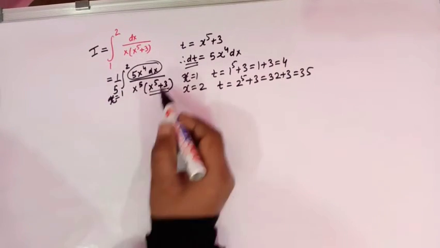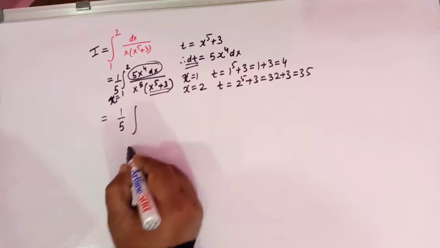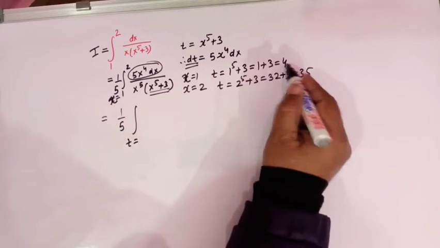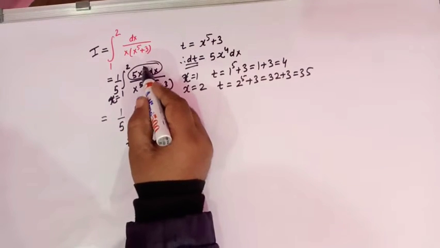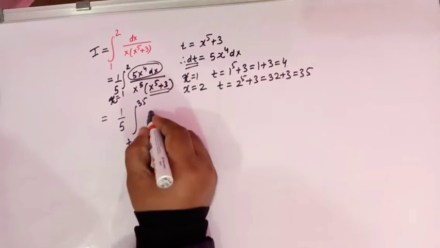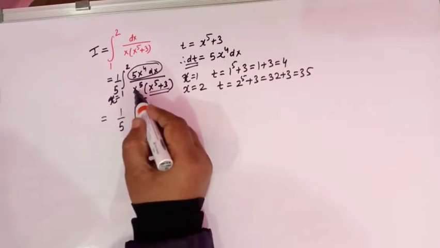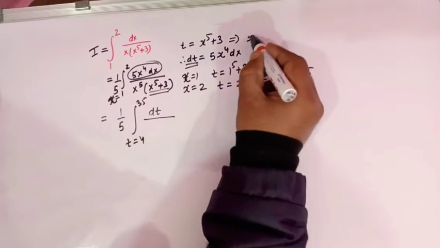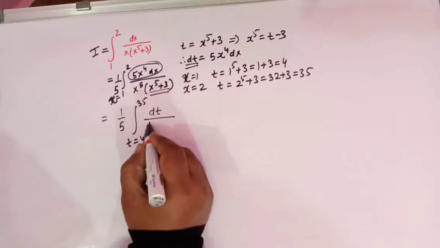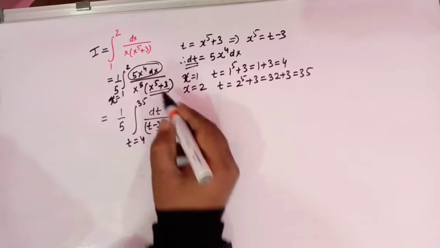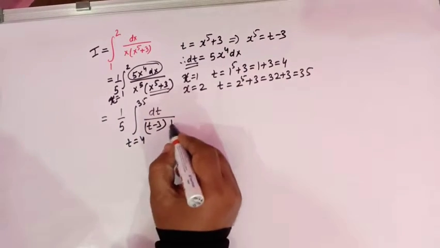Okay, now this integral can be written as 1 over 5, integral from 4 to 35, and for 5x^4 dx we can write dt, and in the denominator for x raised to 5 we can write t minus 3, and for x raised to 5 plus 3 we have t.